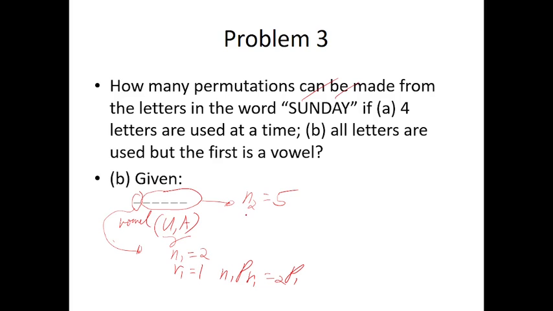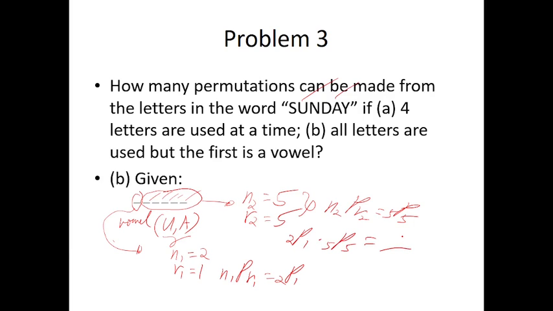And taken 5 at a time because we have 5 slots available: 1, 2, 3, 4, 5. Therefore, N2PR2, and that is 5P5. So, we just multiply 2P1 and 5P5 to get the answer.